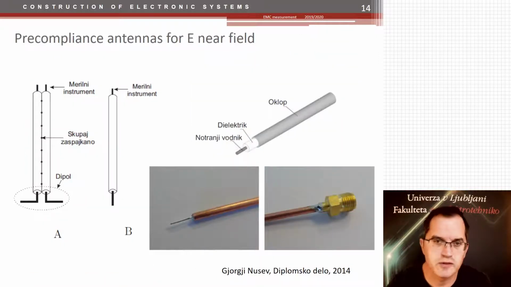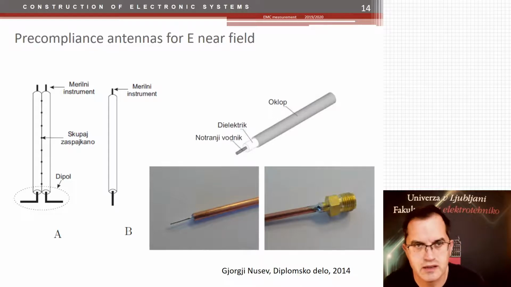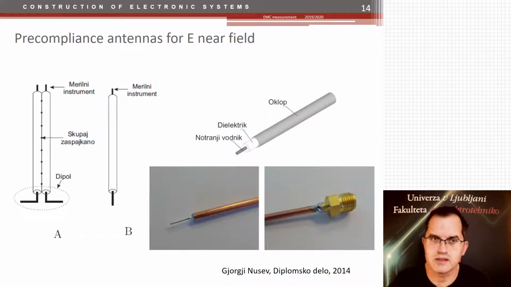So what you have to have is either electric or magnetic field antenna. Remember, because you are measuring in near field, you have to care for electric field and for magnetic field separately. So measuring with this antenna, you will measure electric field. So what do you have? You have a coaxial cable with some tip that is sticking out, and this is how it looks like.